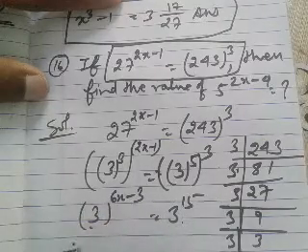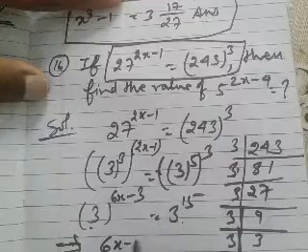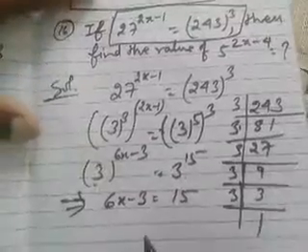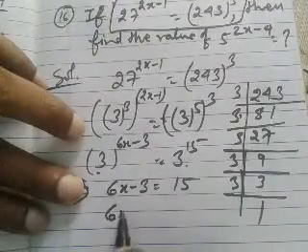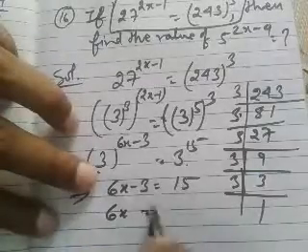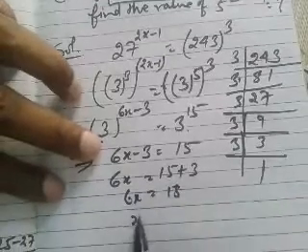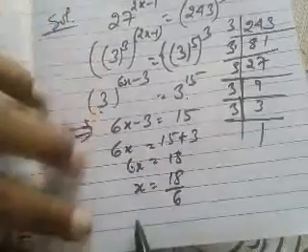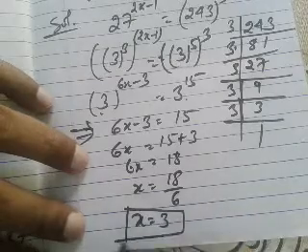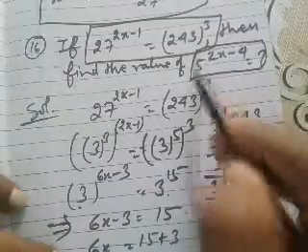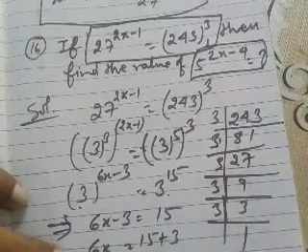If the bases are equal, then this implies the powers must be equal. So we can write 6x minus 3 is equal to 15. After solving, 15 plus 3 will get 18, 6x, and dividing 18 by 6 we get the value of x is 3. Now put this value of x in this expression: 5 raised to the power 2x minus 4.